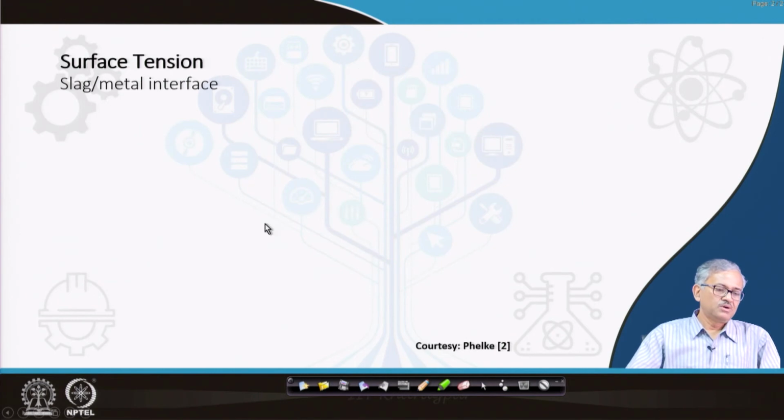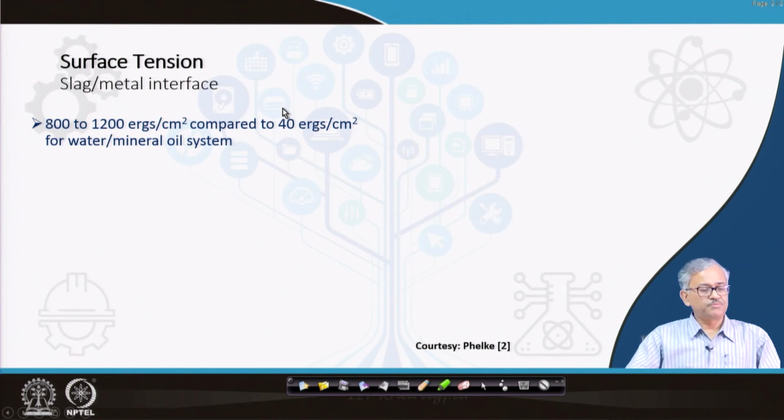Let us see now what the surface tensions of different interfaces are. For example, consider the slag metal interface. If you just compare the values, in the slag metal interface the surface tension is 800 to 1200 ergs per centimeter square. And if you compare this value with only 40 ergs per centimeter square for the water mineral oil system.